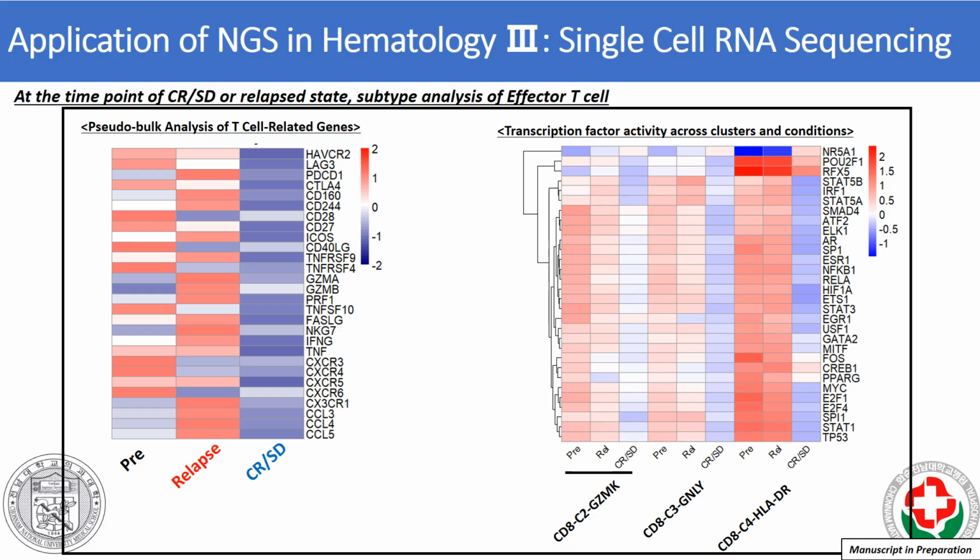At the time point of relapse or complete response, they show a different transcriptomic profile as well as different transcription factor activity. Patients who reached CR turn off the overall T cell activation related markers or transcription factors, but those who do not reach CR or relapse, with persisting disease, show activated T cell signatures.